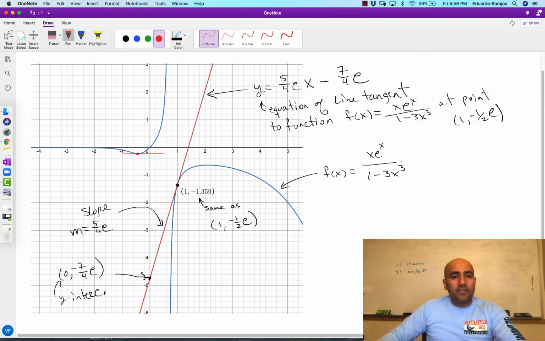It looks like somewhere around there we're going to have a horizontal tangent line, as well as somewhere around here-ish. Just kind of eyeballing it. Keep that in mind because that's a very popular question to ask. Figure out when will the tangent lines be horizontal.